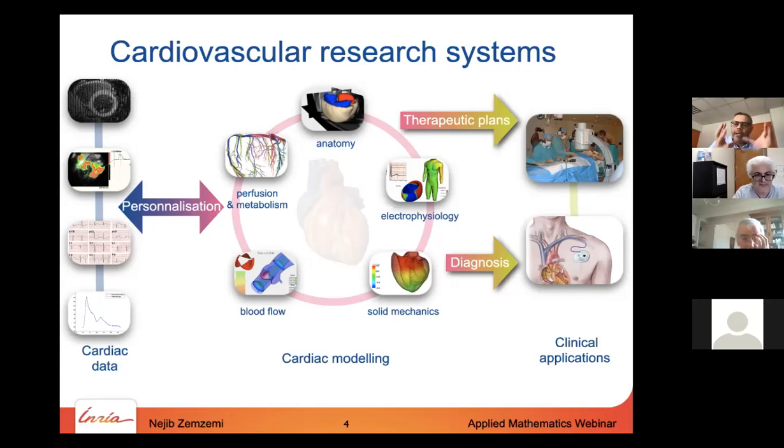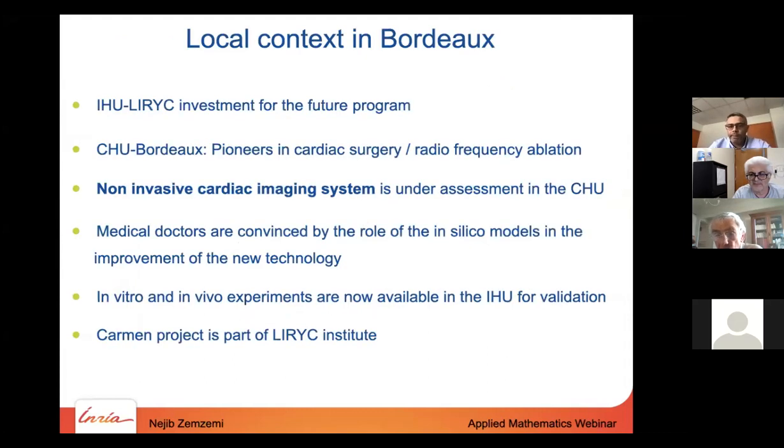Once you assimilate a patient, with the model behaving like the observation, you can say, my patient is now virtual. I can test many things. I can test therapeutic plans. I can make new diagnoses. I can see more features of the cardiac activity. And in that way, the main goal is to go forward and to make some therapeutic plans and to help medical doctors.